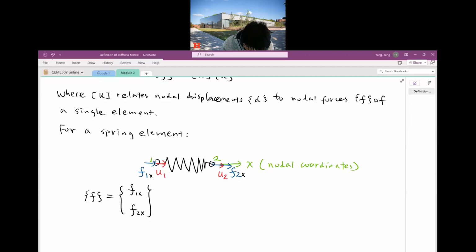Similarly, for the displacement, we have u1 and u2. Here we do not need the x because u stands for the displacement in the x direction.